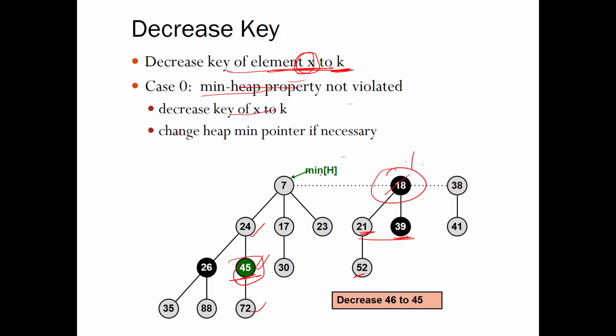But there is another issue in the root list. When you bring a new lesser value, min of H has to be updated to the newer value, because 1 is lesser than 7, right? So we have to check whether the min pointer has to be changed if needed. In this example, it is not applicable because we changed something below the root list.